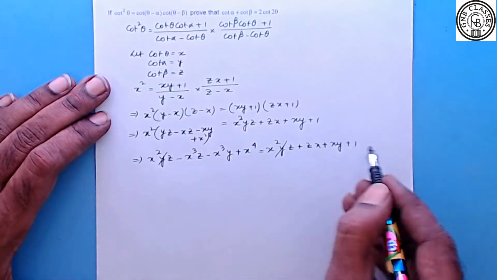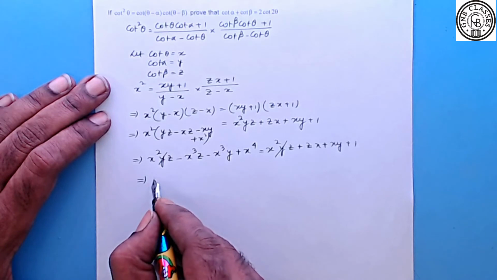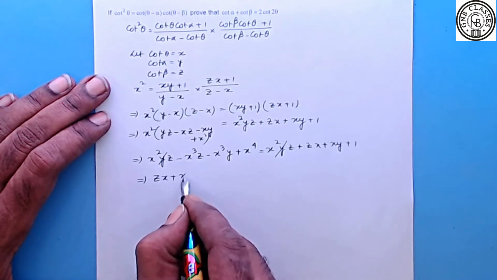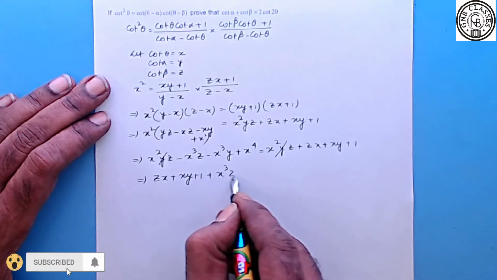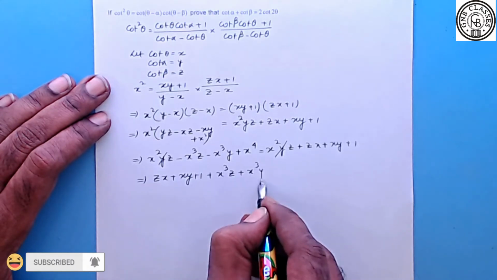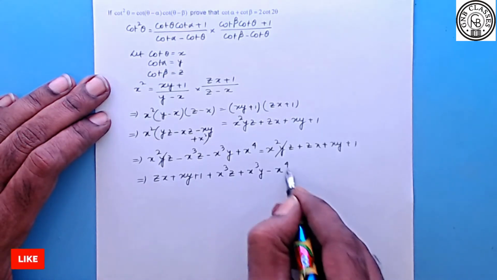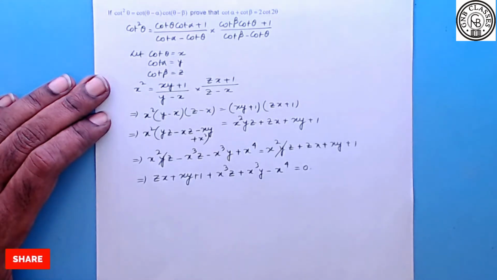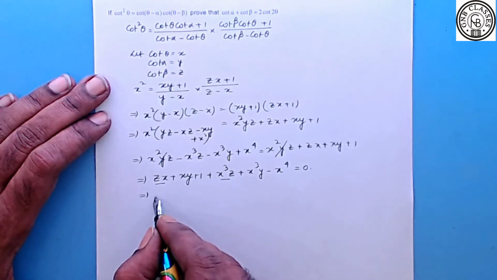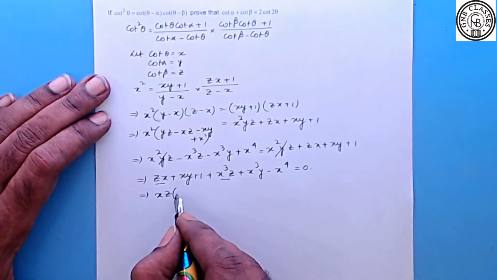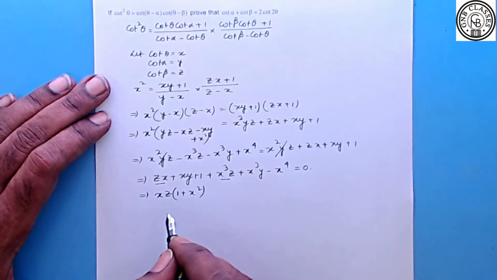Let me take everything in the right hand side. So we are having zx plus xy plus 1 plus x cube z plus x cube y minus x to the power 4 equals to 0. So from these 2, if I take xz common, so we are left with 1 plus x square.